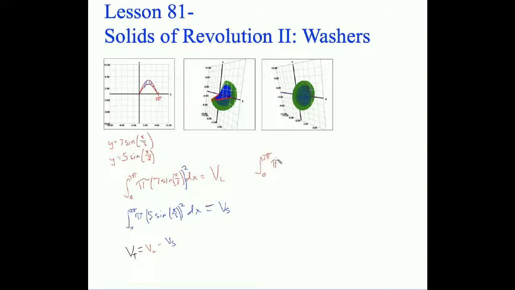So pi times 7 sine of x over 3, squared, minus pi times 5 times the sine of x over 3 squared. And this whole thing dx.